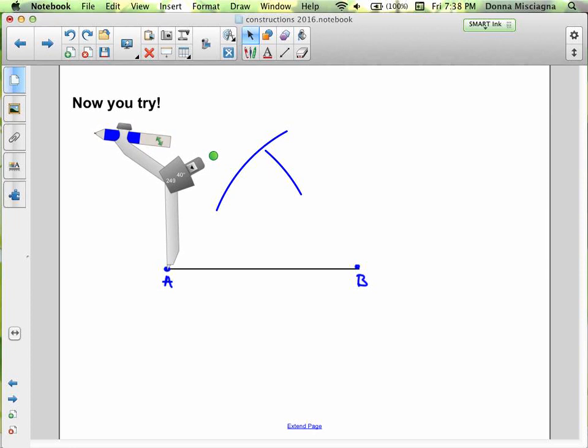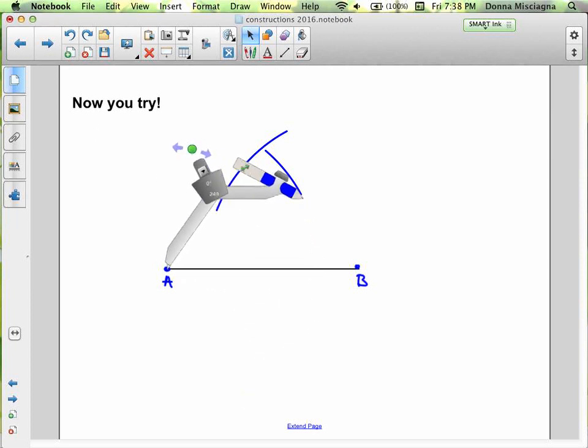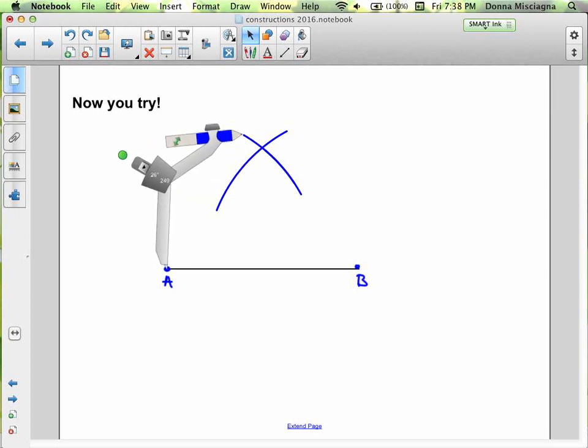If that happens, put your compass back on point A, and this time draw a longer arc. There we go.